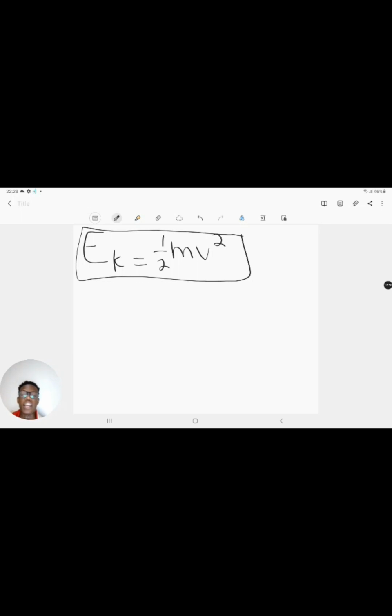So we're going to have to apply this equation for both the balls in the system before the collision and the system after the collision, and we're going to have to equate the kinetic energies.